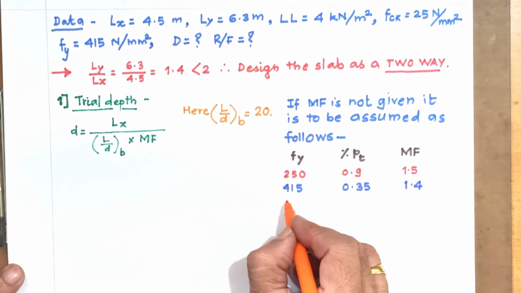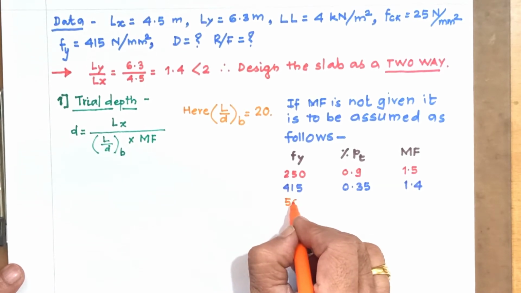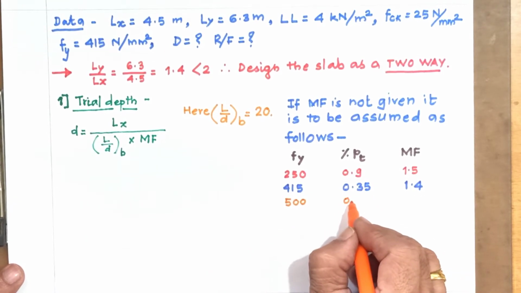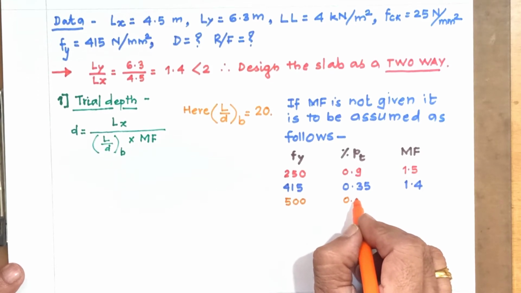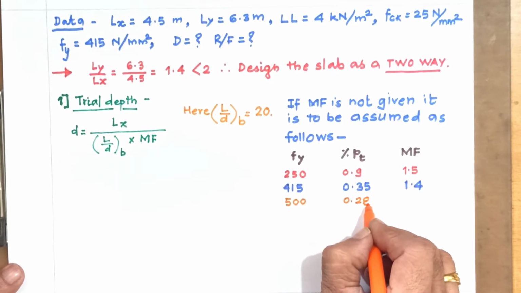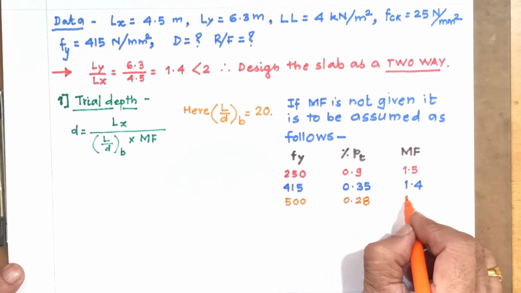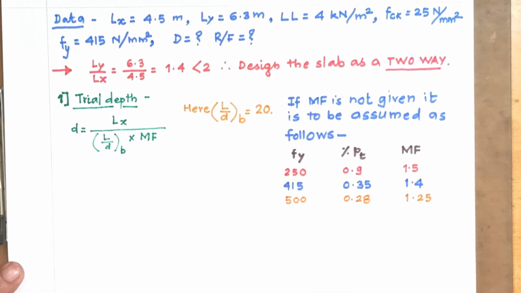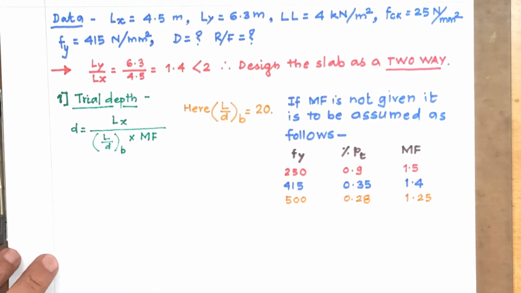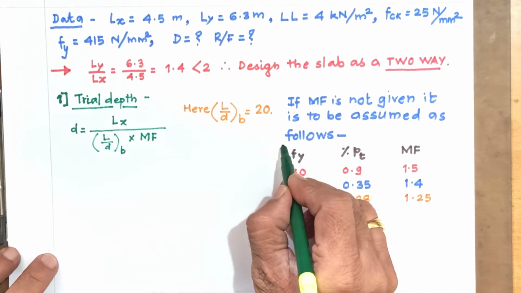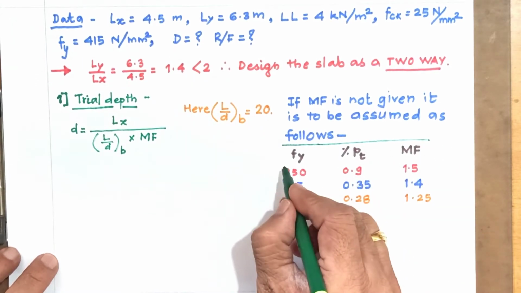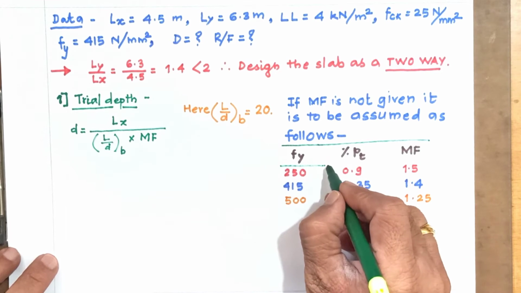And if it is Fe500, percentage pt is to be assumed as 0.28 to 0.3 and modification factor is 1.25. So this is a very important thing: I have given you what should be the value of modification factor to be assumed when it is not given.